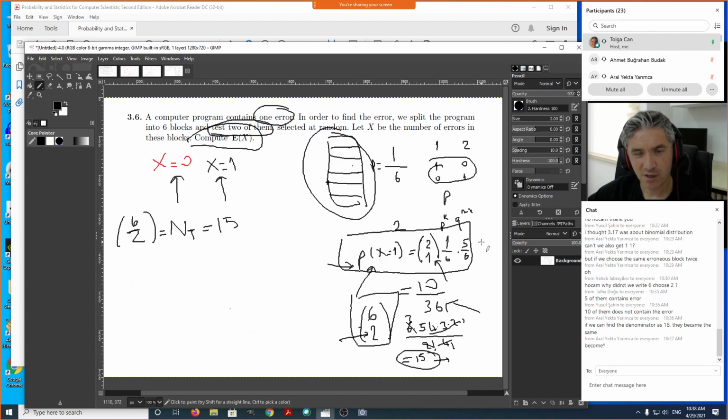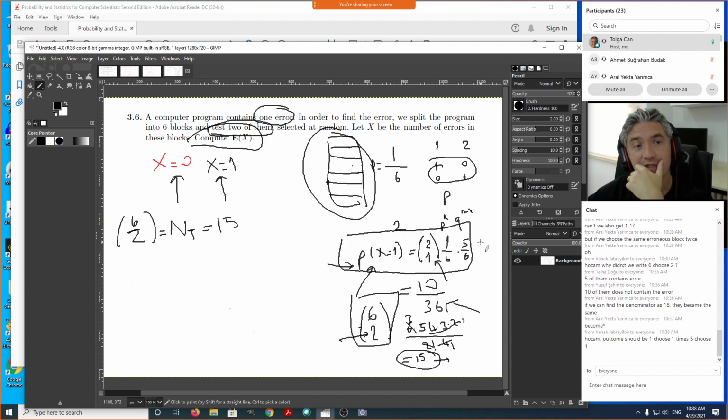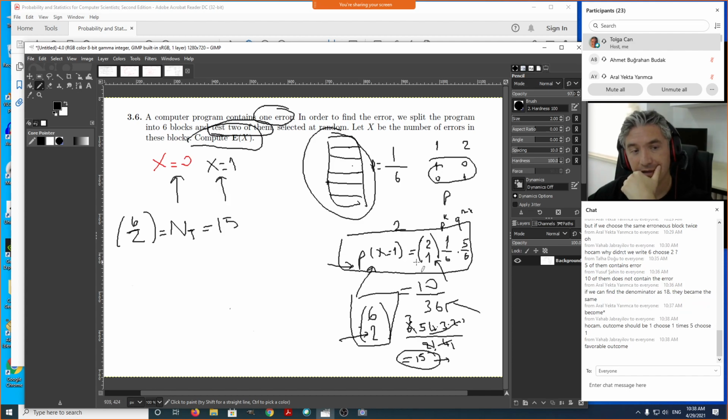The binomial, maybe the problem was that I think, yeah, the outcome should be 1 choose 1, 5 choose 1. The favorable outcome here should be here.